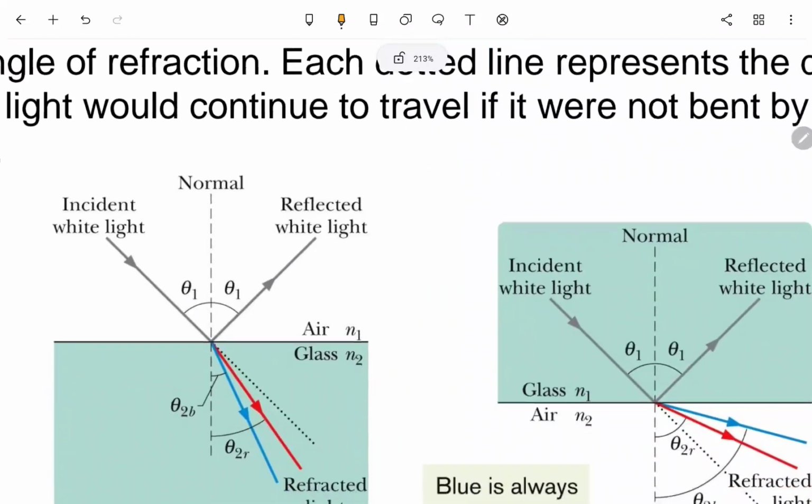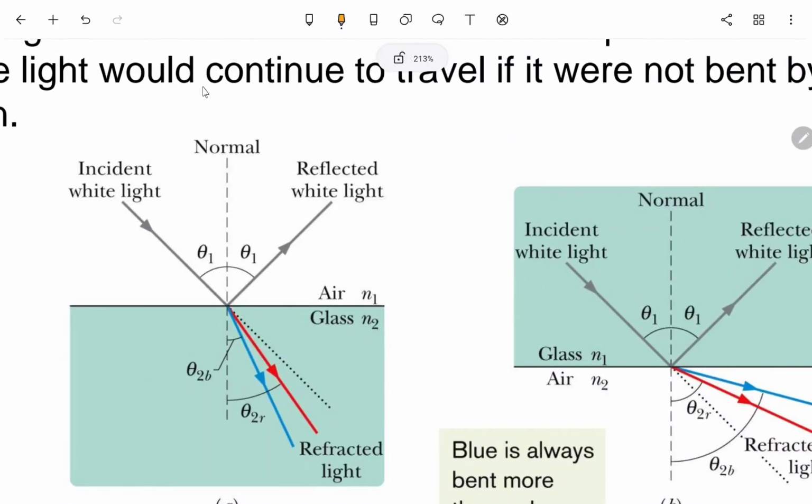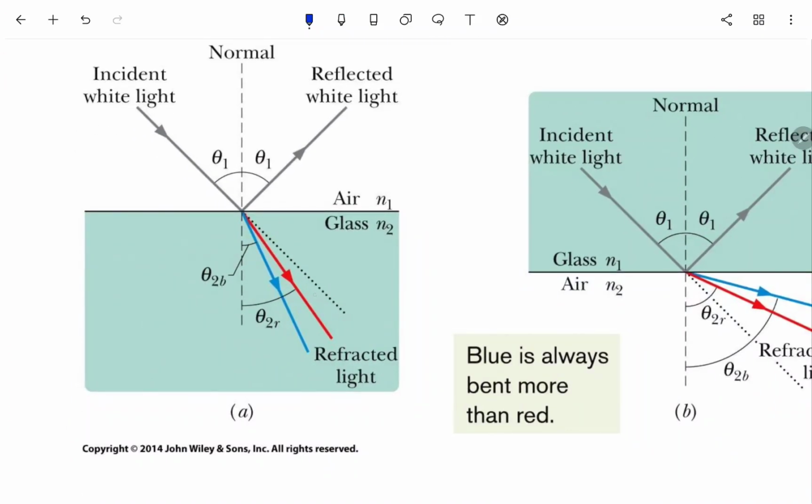Bent more means, okay, so here, of course, this is the air, this is the glass. Okay, so this is the incident light. If you just ignore the boundary between two materials, of course this line will go in a straight line. And actually, bend more means this angle is larger than this angle.